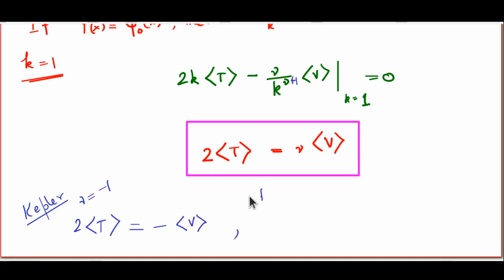And for the harmonic oscillator, nu is 2, and that gives you the result that kinetic energy and potential energy have the same expectation value for the harmonic oscillator. I'm pretty sure both of these results are very well known to you, and you have definitely used them in earlier applications. So this brings us to the end of our discussion of the variational method for the time being.